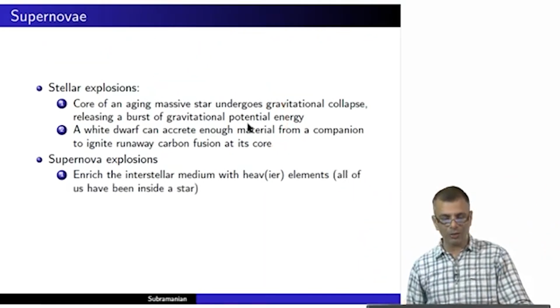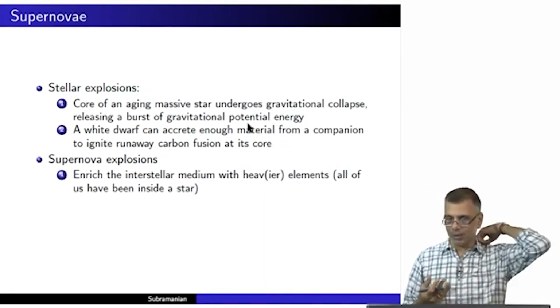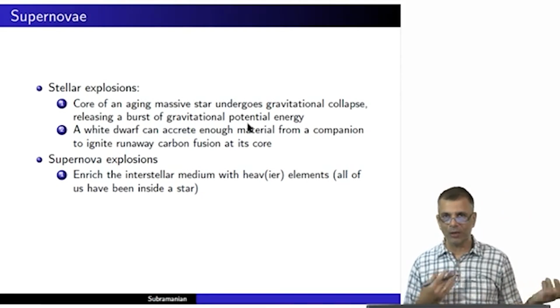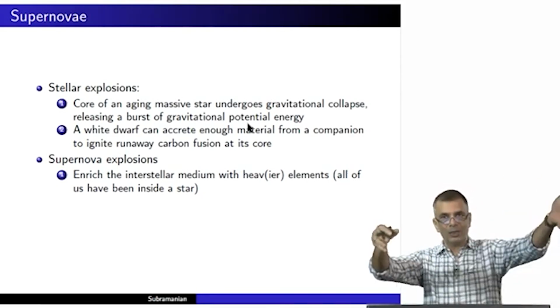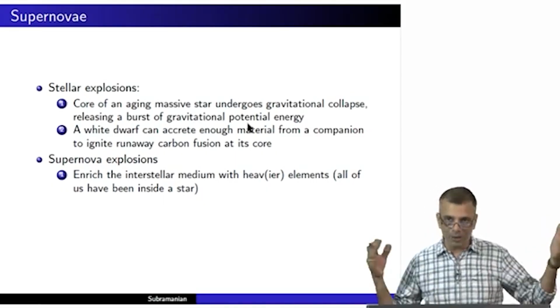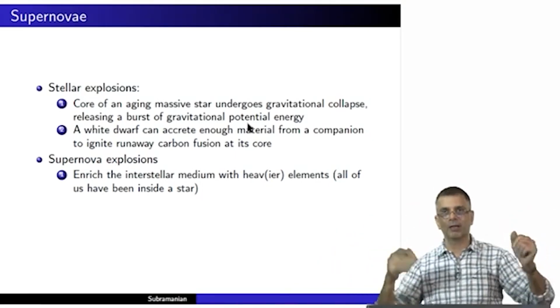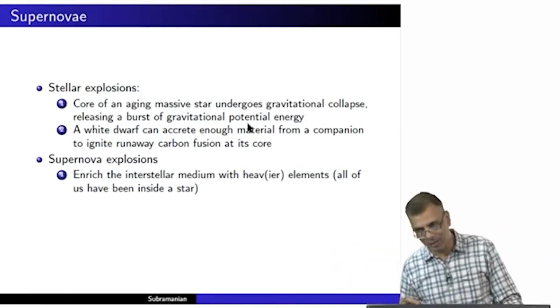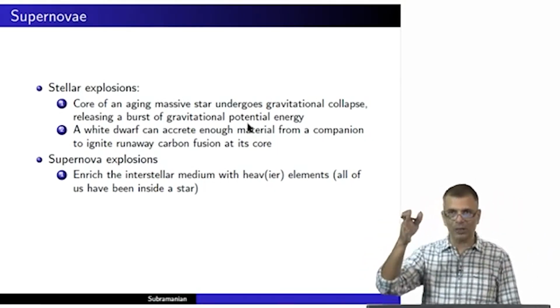Okay, so in some sense, all of us, we are made of heavier elements. We are not simply made of hydrogen and helium. We have all kinds of other elements in us, right? And where did it come from? It came from inside of a star. Okay, that's the only way. I mean, the interstellar medium could have gotten quote unquote polluted with heavier elements. There are some other things about the heaviest elements beyond a certain element in the periodic table.